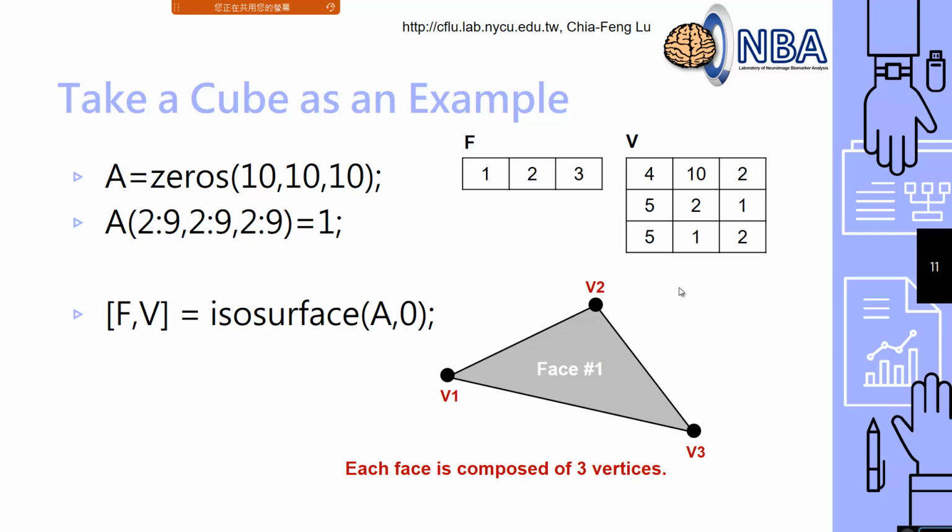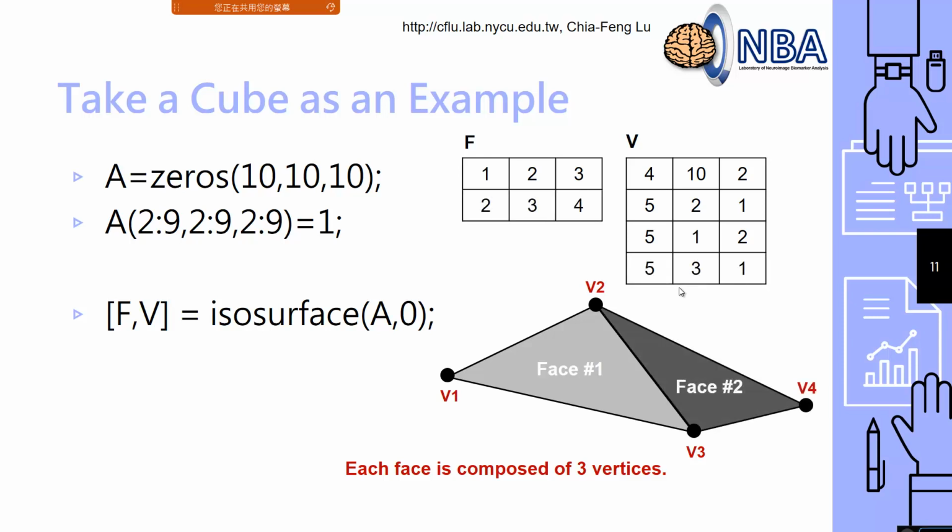For example, these 2 faces, you can see face number 1 and face number 2, they can share 2 vertices, right? So you can see V2 and V3 can belong to face 1, but they can also belong to face 2. So if you are dealing with continuous faces, the vertices should be shared by multiple faces. This is the so-called continual face.